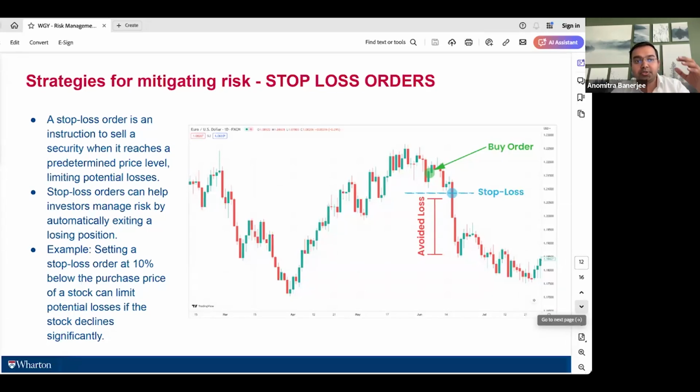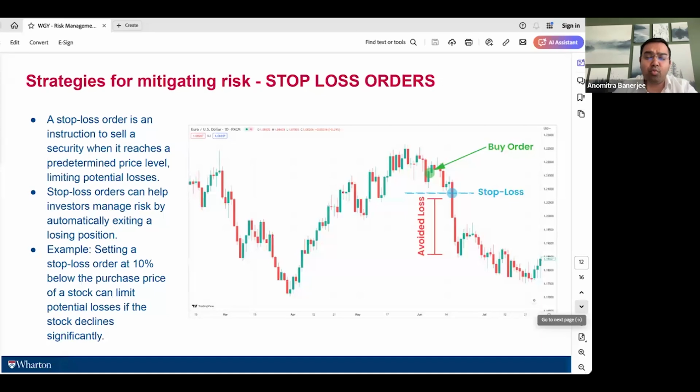Stop loss orders help investors manage their risks by automatically exiting that position. Because I had a position and did not have a stop loss order, the position was still there and the loss was huge. But if I had a stop loss order, it would have exited me out of that position while I was sleeping, and I would have been shielded from incurring a huge loss.